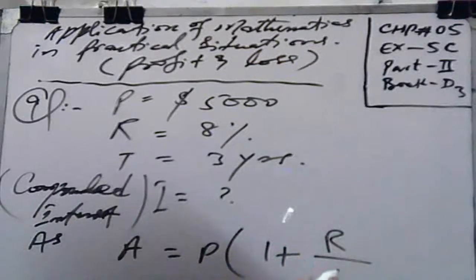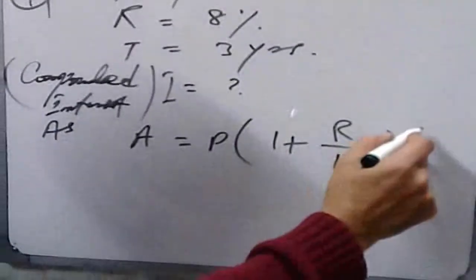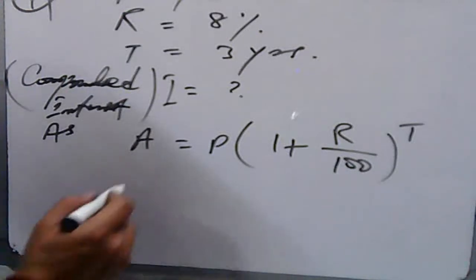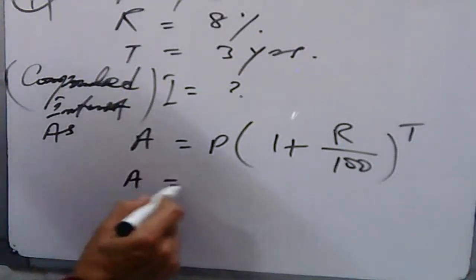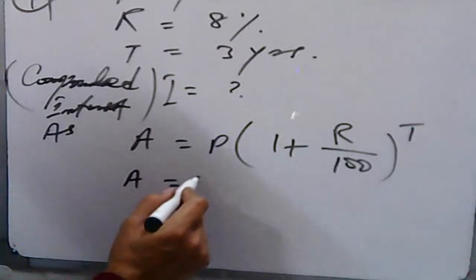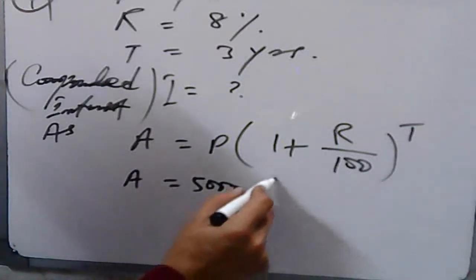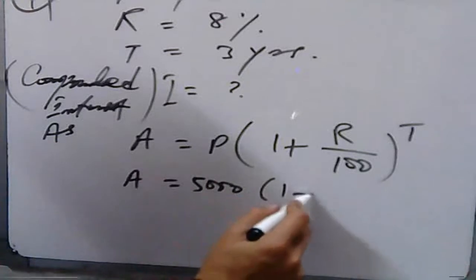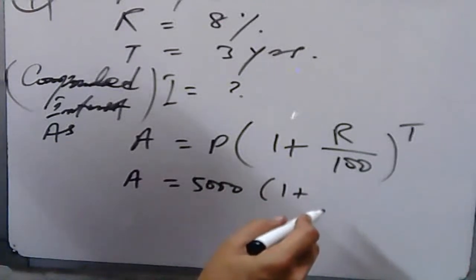So putting the values here, you can calculate easily. That is the amount, principal amount is 5,000 into 1 plus rate of interest, that is 8 divided by 100. Time period is 3.